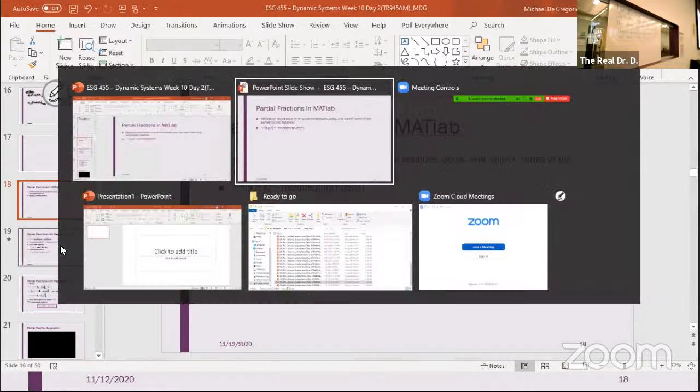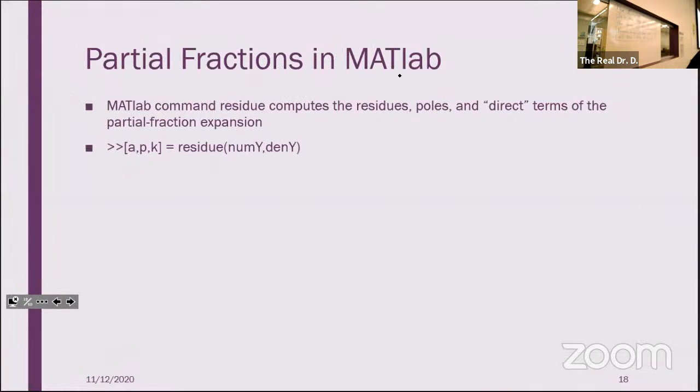So you can use this to get the residues. If you did a partial fraction expansion by hand and you wanted to check it, you could check it this way in MATLAB.